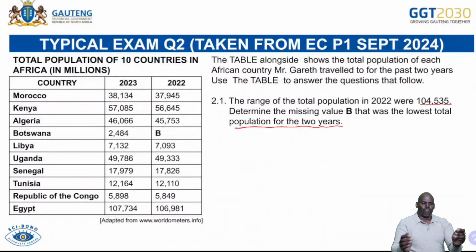Now, boys and girls, the other thing that we need to be careful about in this type of question is that it indicates total population of 10 countries in Africa in millions. It means if you see Morocco and then you see 38,134, it is not 38,134 people, but 38,134 million.